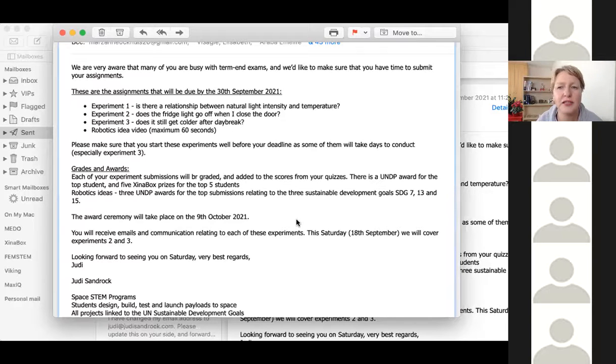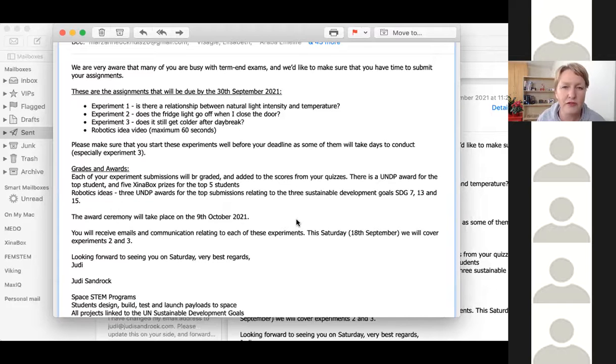There is a UNDP award for the top student and 5 X in a box prizes for the top 5 students. Robotics ideas: 3 UNDP awards for the top submissions relating to the 3 Sustainable Development Goals, number 7, 13, and 15. The award ceremony will take place on the 9th of October. That is going to be a virtual Zoom event, on the Saturday morning.